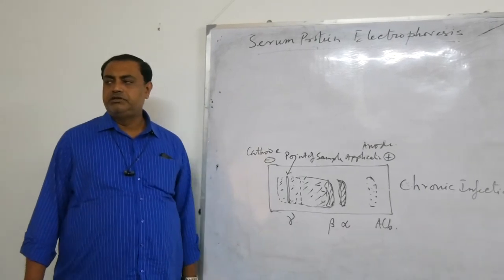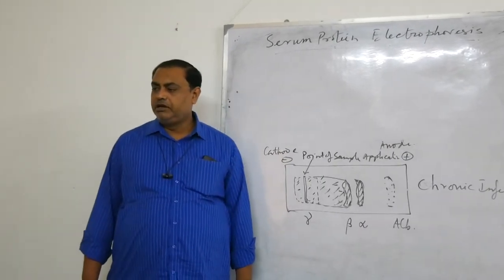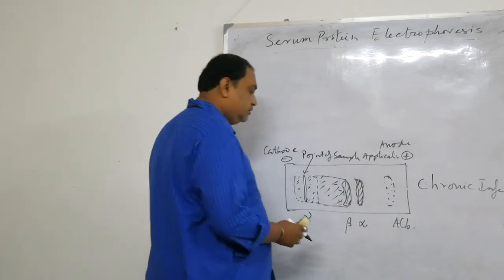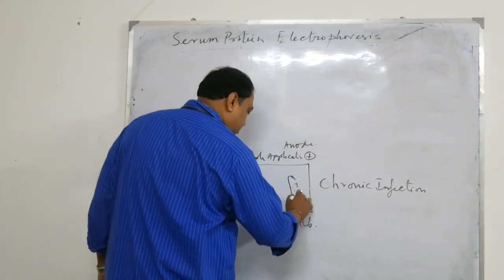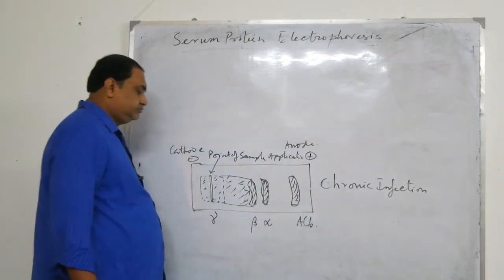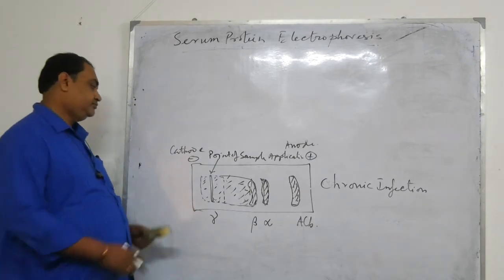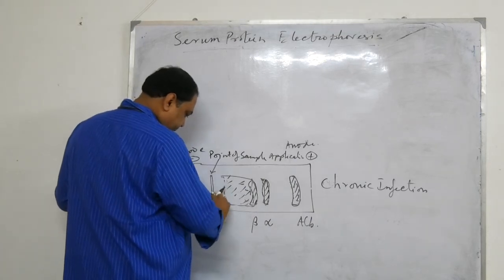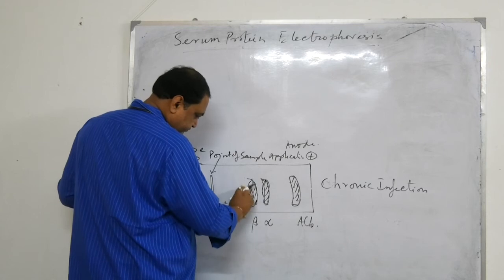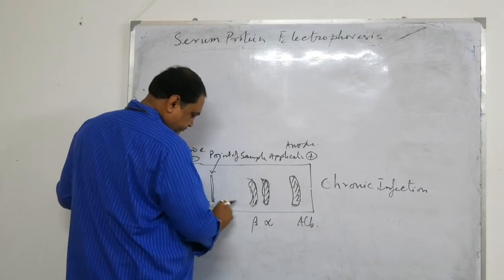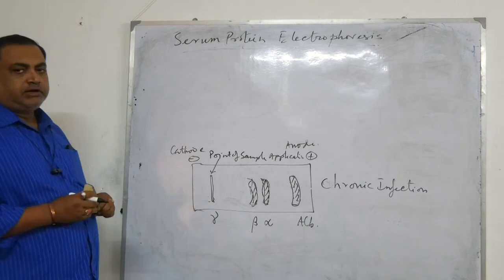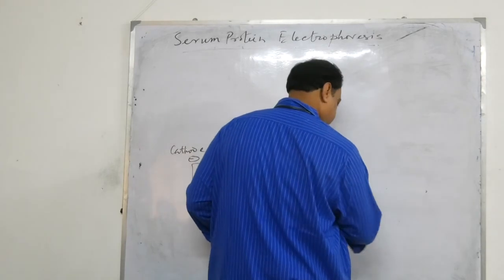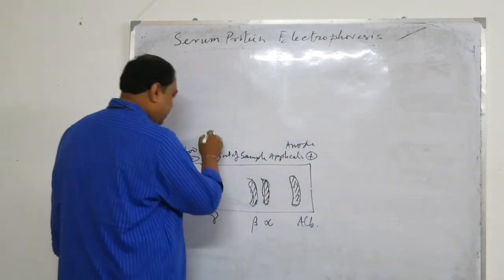Chronic infection will show this kind of slide: beta-gamma fusion. Albumin will be normal. Fine. What is missing? It's called agammaglobulinemia.